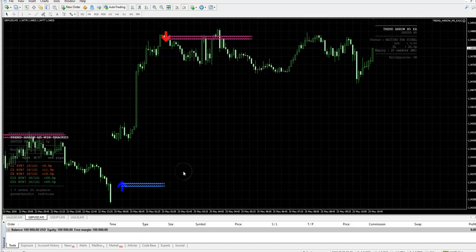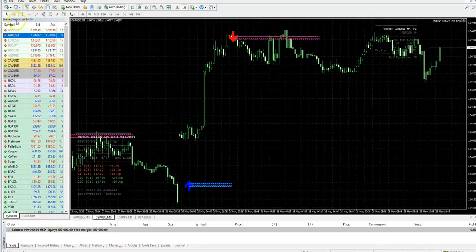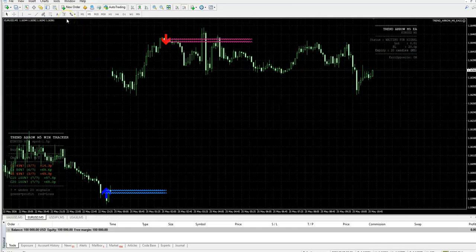Guys, it is the 5-minute time frame. I prefer for Forex to use a higher time frame, but there are people who like to trade with a lower time frame. You see, this is EUR USD on 20 and 10 candles. You are in positive.